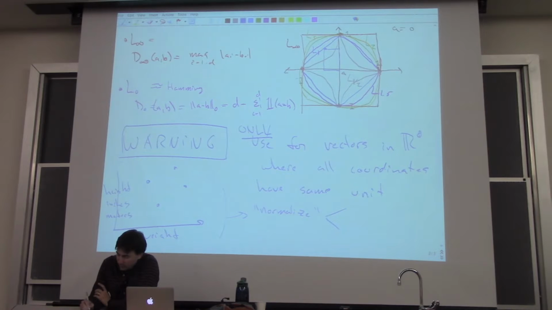One is so all coordinates fall between 0 and 1. You find the smallest one and subtract that from everything, and then you divide by the largest one remaining, and this gets you between 0 and 1.